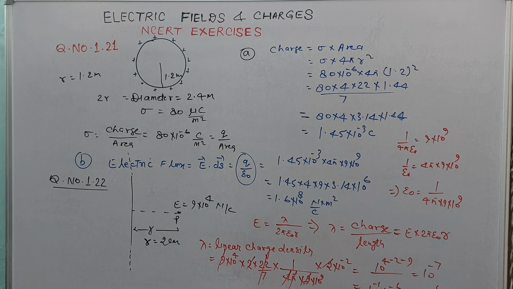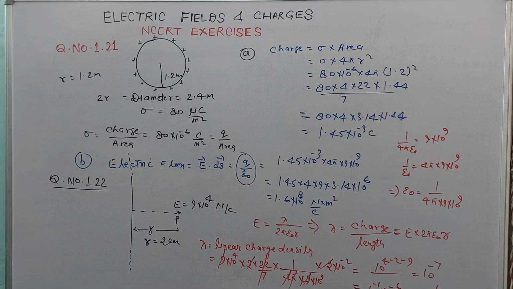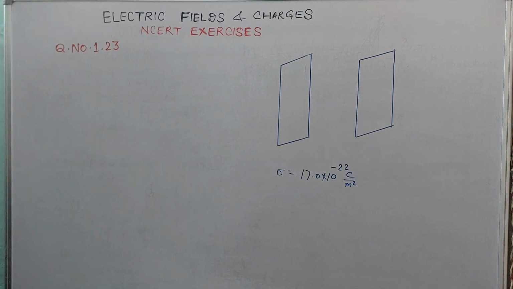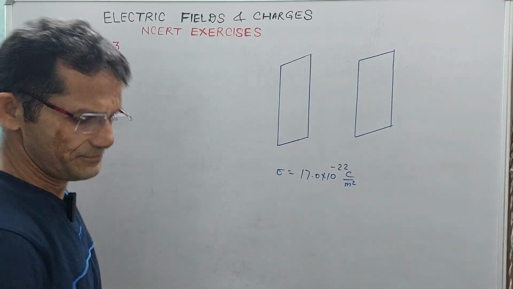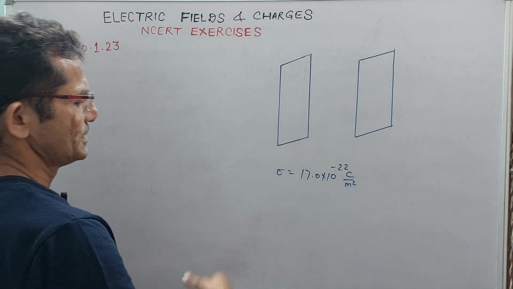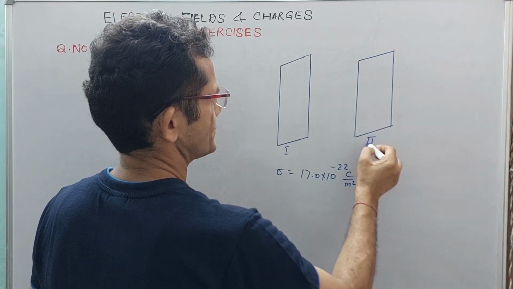Question number 22. Now the last question of this exercise is 23. In this part of the question, there are two infinite plates, plate number 1 and plate number 2.